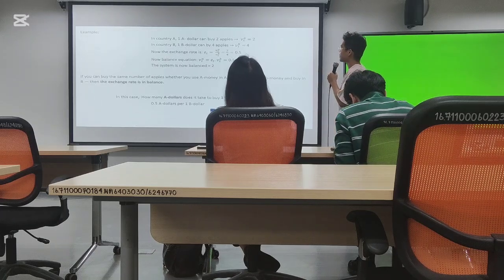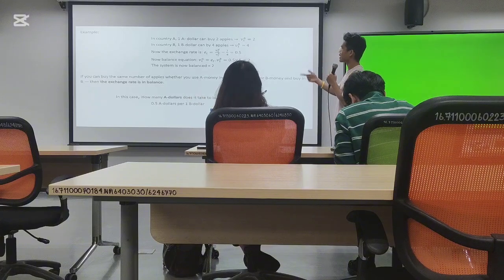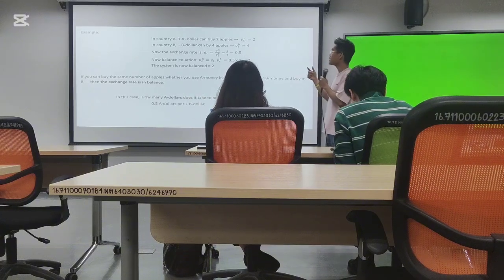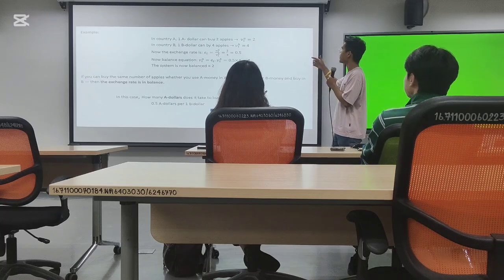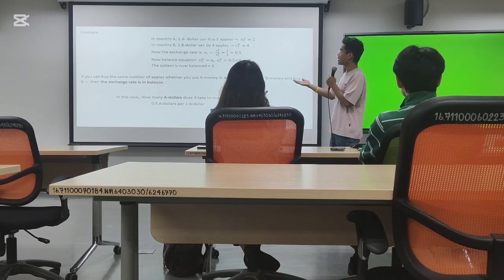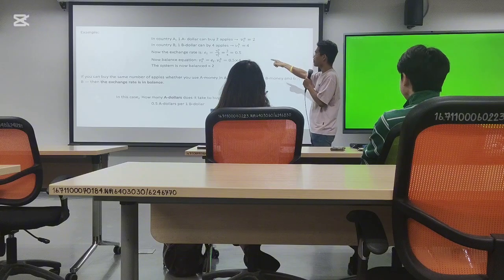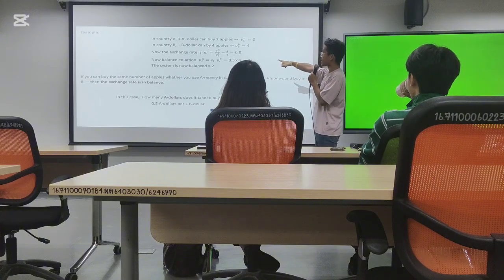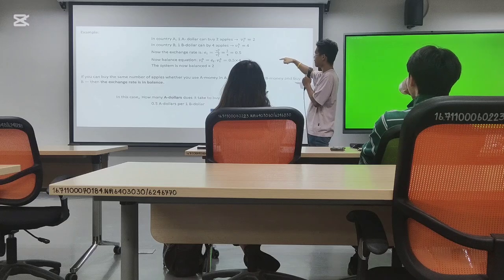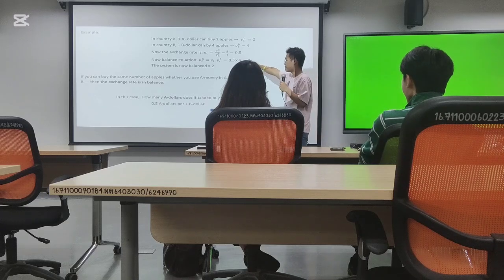Let's look at this example. Let's say in country A, with one A dollar we can buy 2 apples, right? So VAT is 2. In country B, we can buy 4 apples with one B dollar, so VBT is 4. The exchange rate we calculated is 0.5.